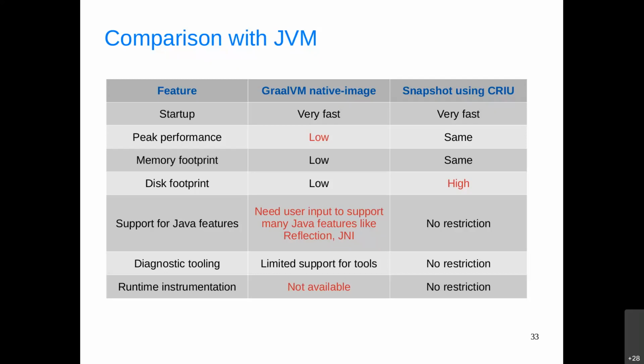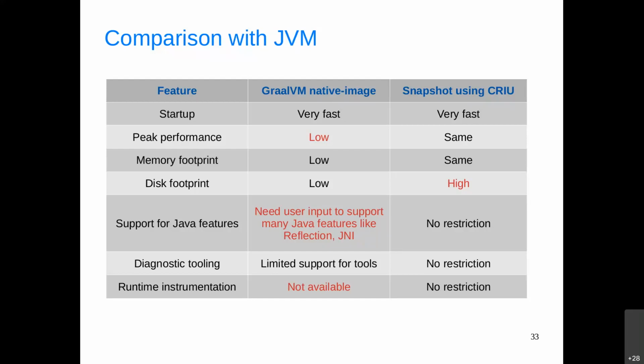Another factor where GraalVM native image has a problem is support for Java features. As I mentioned, it performs static analysis to figure out all the code paths, but there are certain features that the Java language provides, for example reflection, JNI and dynamic class loading, which make it difficult for static analysis to determine all the code paths.